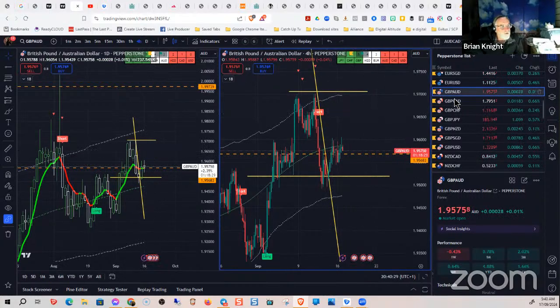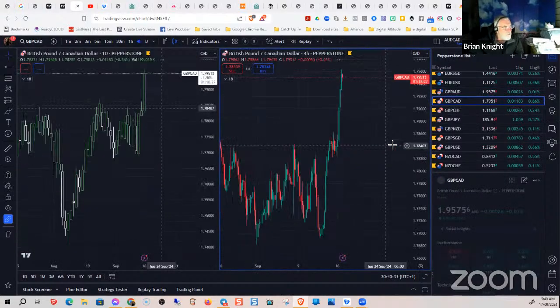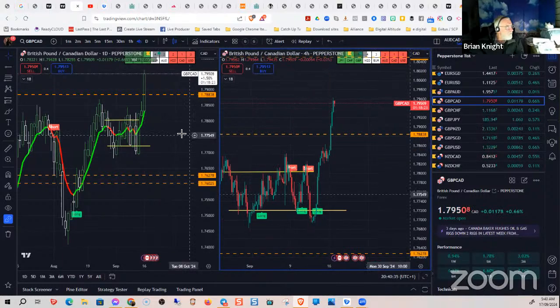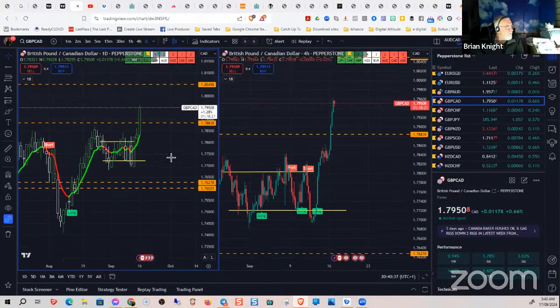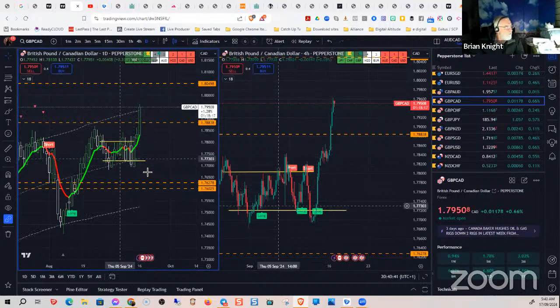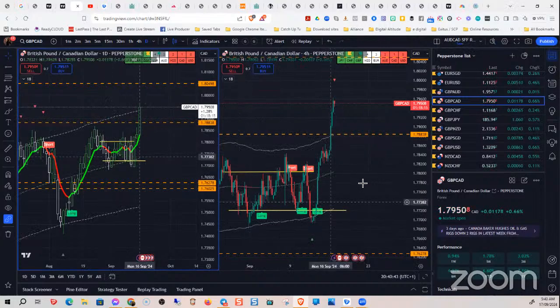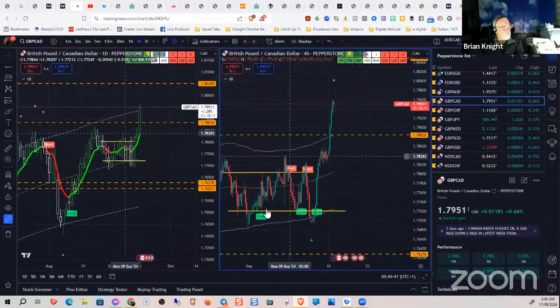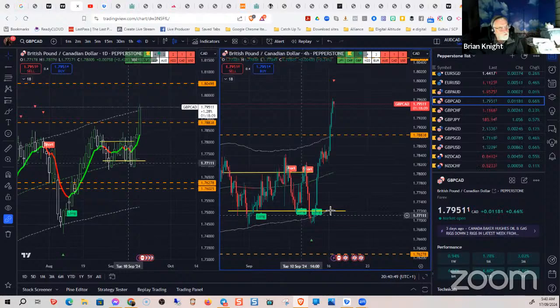I haven't looked at all of these GBPs for a while. Whoa, GCAD. That's a big move. I'm irritated I missed that. Yeah, out of that long. But you see, we had all of this rubbish up and down.